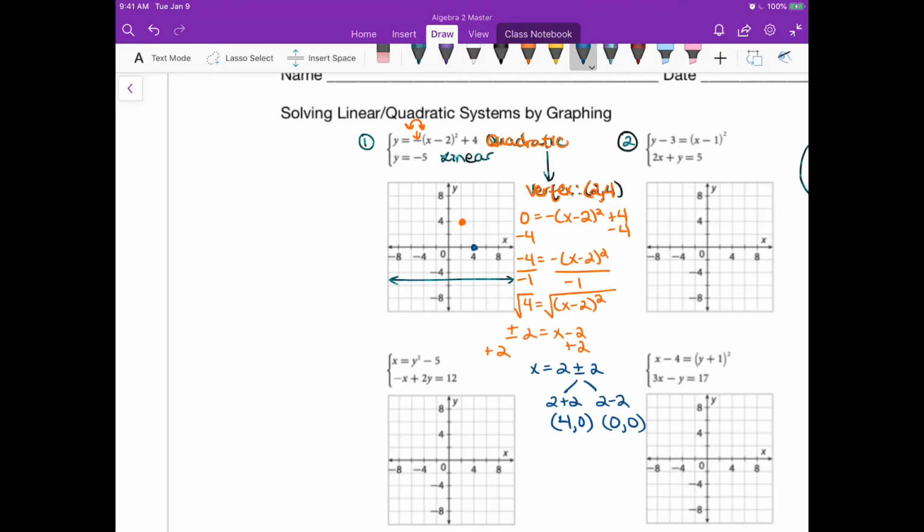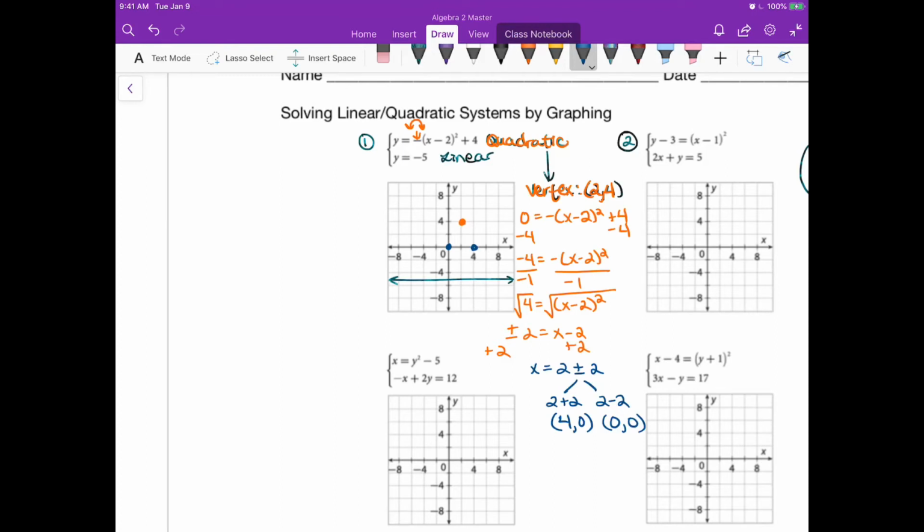So here and here. And we want to be really careful when we are graphing these quadratic equations, because it really depends on where we put our points and where our solutions will be.